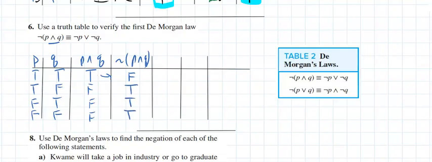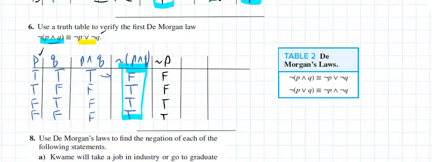So there's that case. Now we want this case. If I take the negation of P, well, there's P. Isn't that false, false, true, true? And if I take the negation of Q, there's Q. The negation of Q would be false, true, false, true.